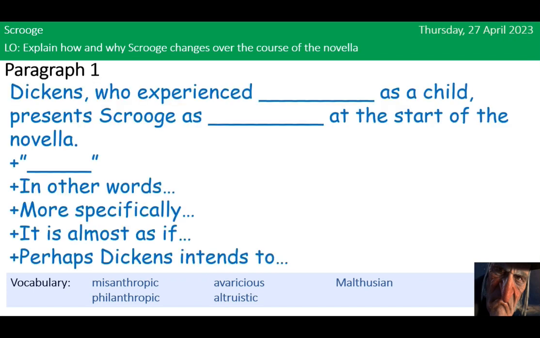Then we move on to the first paragraph, the first quote that we're going to analyze. So Dickens, who experienced something as a child. If you haven't already researched it by now, then I'll tell you. He experienced destitution as a child because his father went to prison. Dickens, who experienced destitution as a child, presents Scrooge as, we can use any of those keywords like misanthropic, callous, or marginalized at the start of the novella.